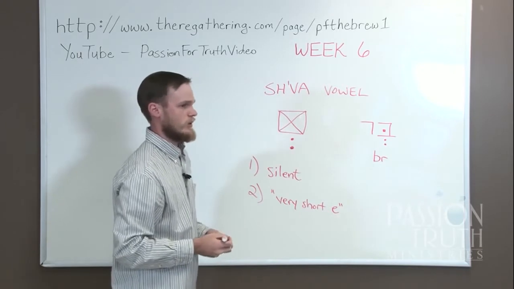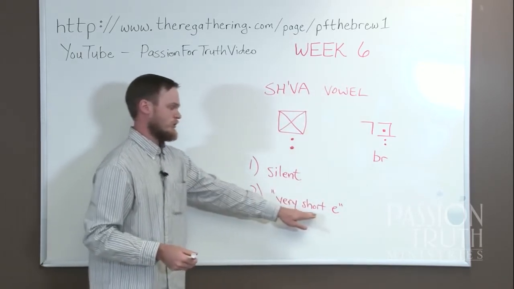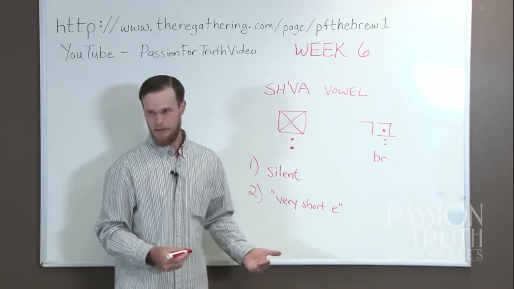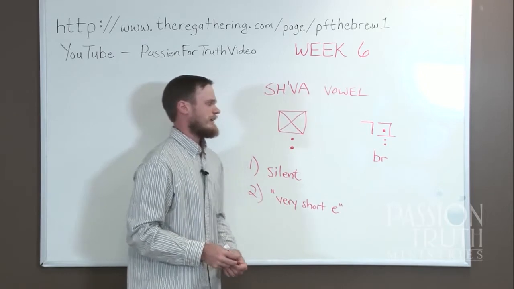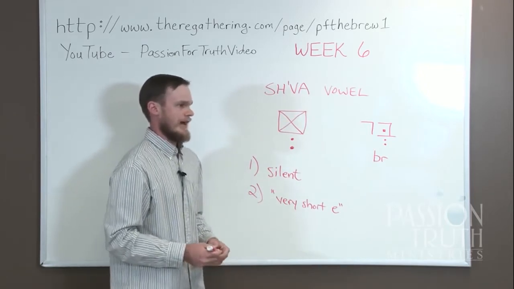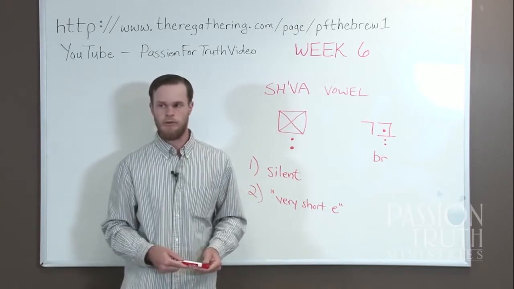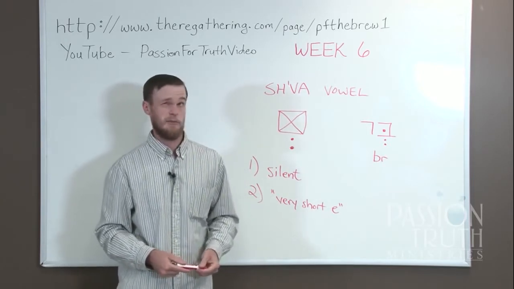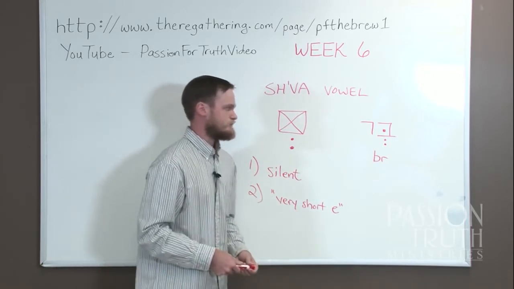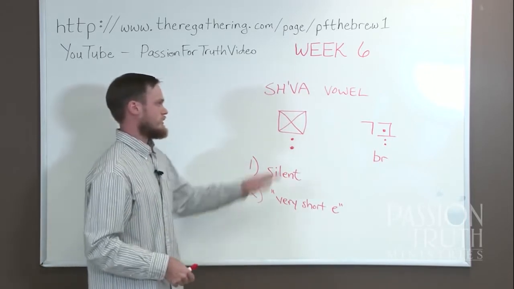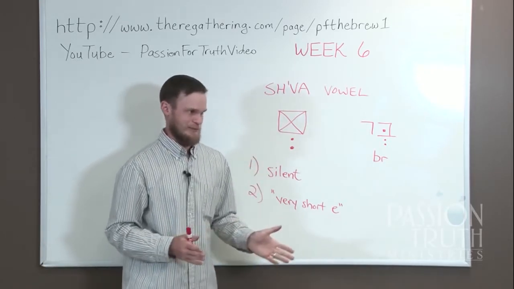It's just connecting the two consonants together. Now technically a lot of times it'll actually give a little pause in between, so bira? But for right now, you can think of it as just the absence of another vowel sound. When we get into intermediate Hebrew, or maybe even advanced Hebrew, I'll go into the technicalities of that. But anyway, when you see this shva, that's what it represents: no vowel here.